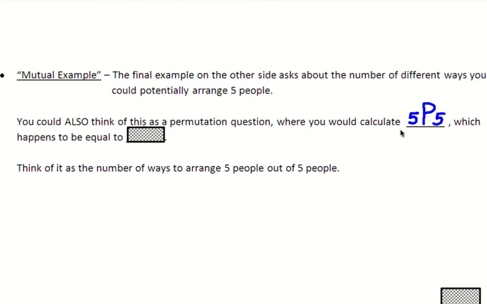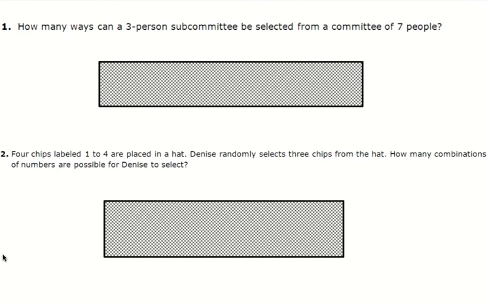But the order matters. So yes, 5P5, which happens to be equal to 5 factorial, exactly what you would end up with if you approached it from a counting principle perspective. Think of it as the number of ways to arrange 5 people out of 5 people, 5P5.